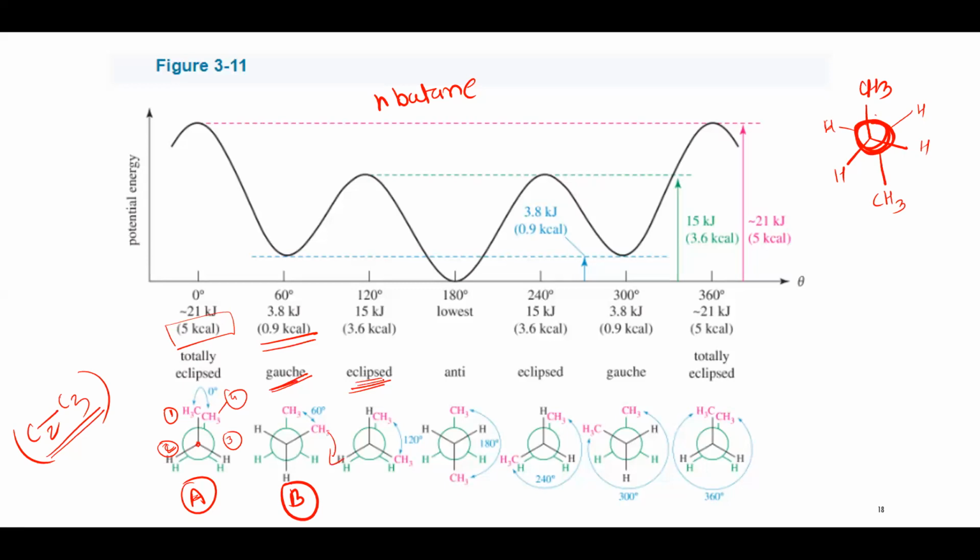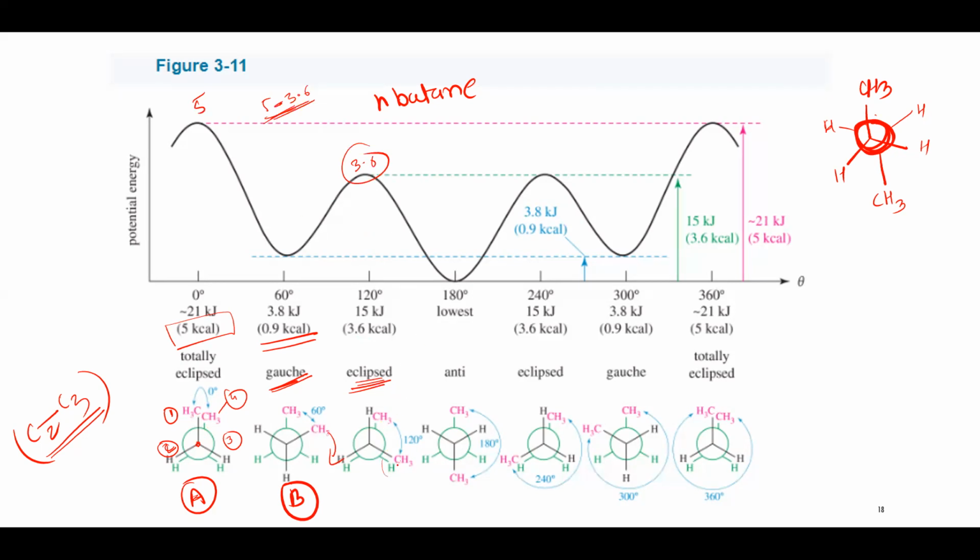This one is the eclipse conformation, in which the hydrogen and the methyl are eclipsed to each other. In the total eclipse, the methyls are eclipsed to each other. The energy of the total eclipse is 5 and of the eclipse conformation about 3.6. So 5 minus 3.6 is the energy difference between them.